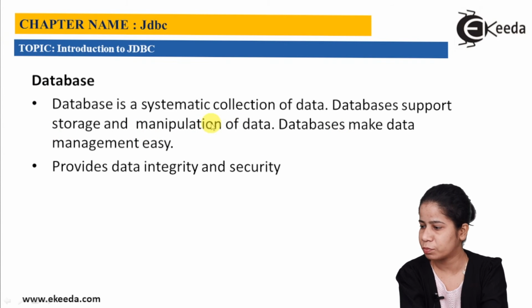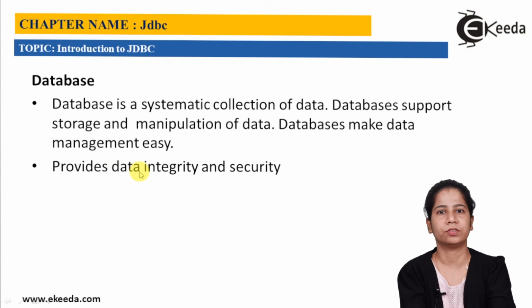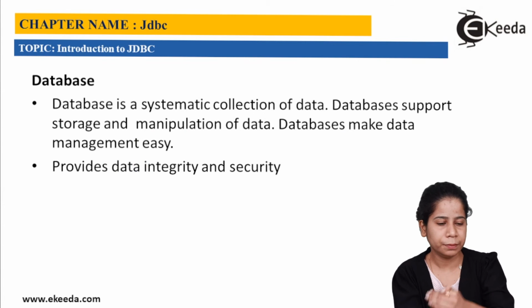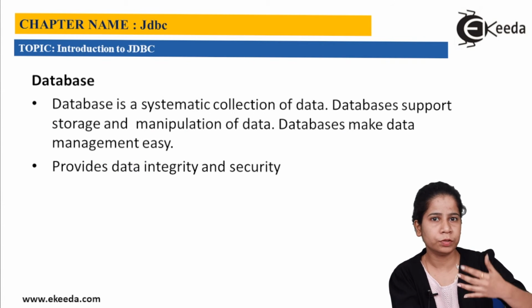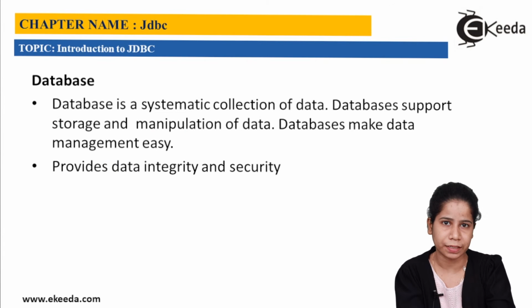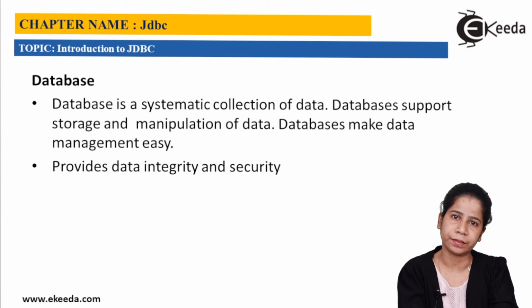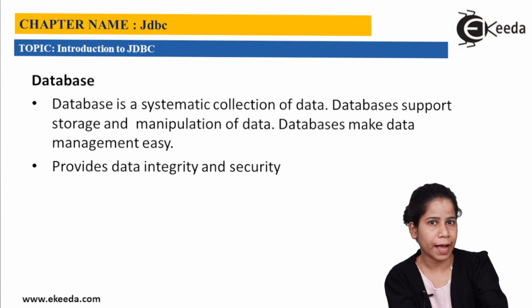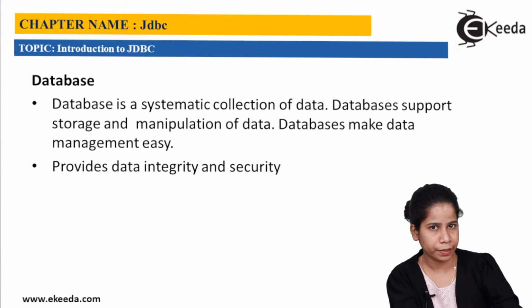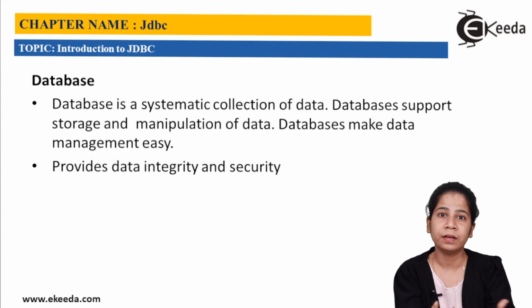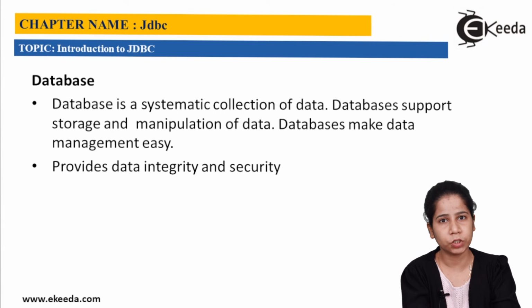A database makes data management easy, and it provides data integrity and security. As the data is centralized, multiple people or multiple departments are able to access that data, and that's why your data integrity is maintained. So if anything is added, it is visible to all departments, and anything removed is visible to each and every department. Again, in that you can provide security.